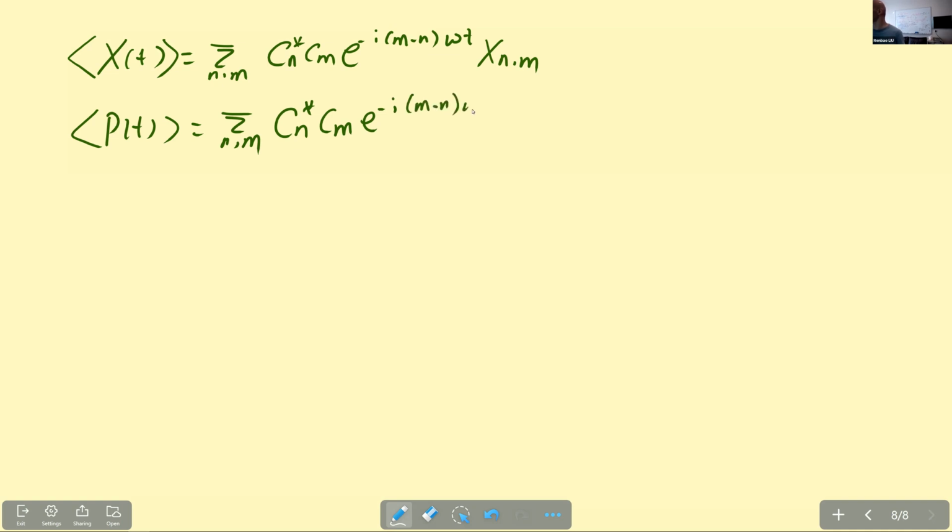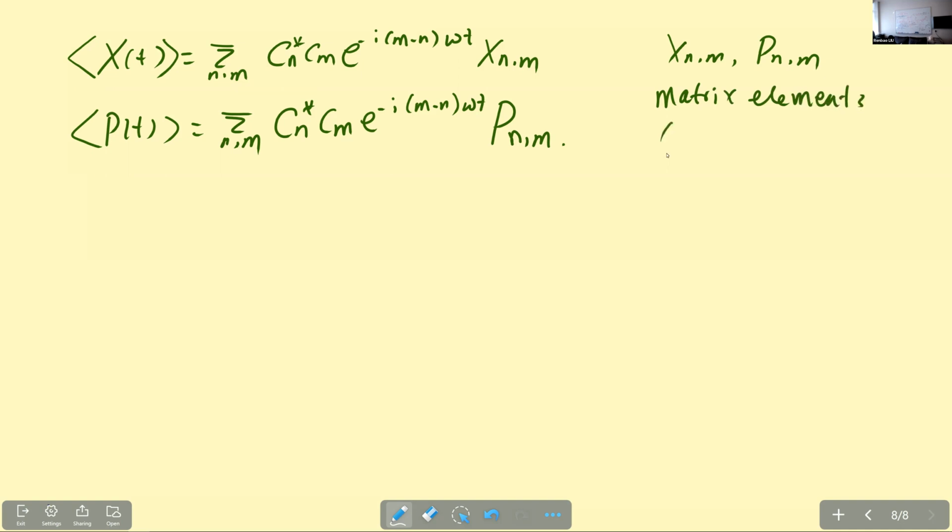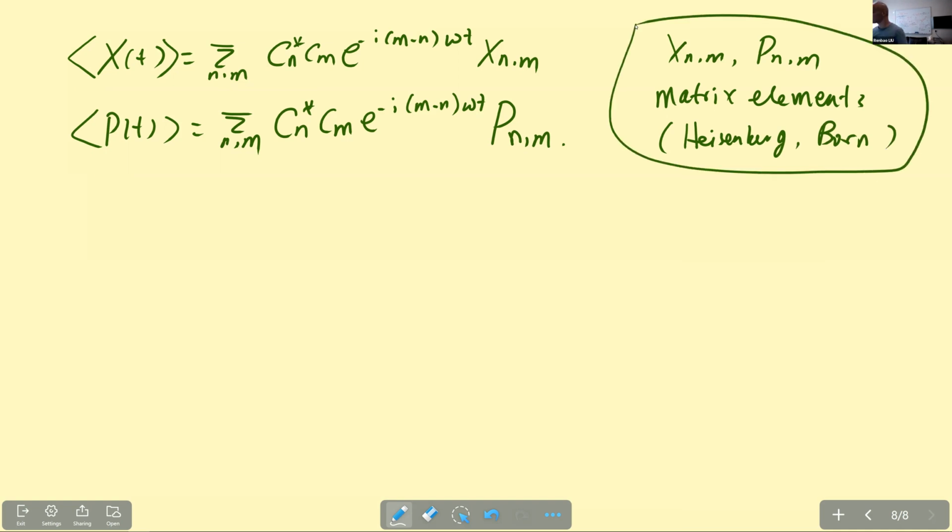That's almost exactly the same, except that you only need to replace the matrix elements. So x_nm, p_nm are just matrix elements. This will be clearer a little bit later, according to Heisenberg and Born.